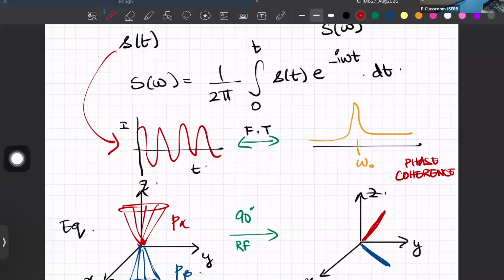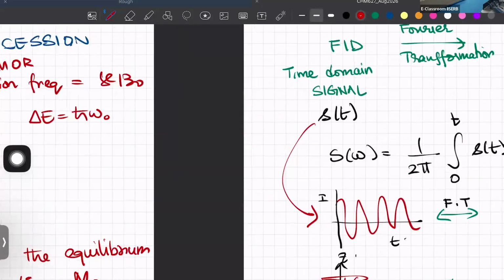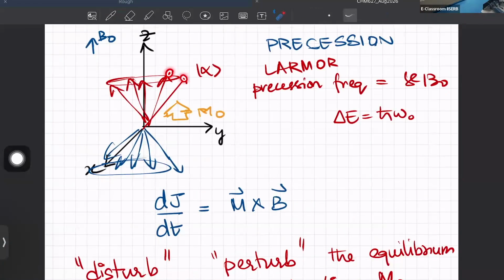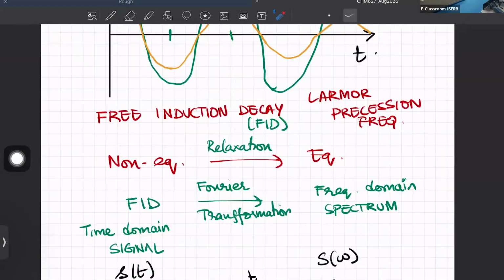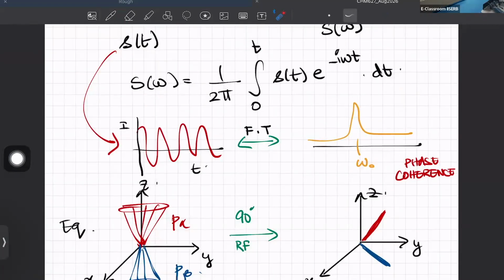You may remember I started off the class by saying that if there are two of them, since their Larmor precession frequency is the same, their relative orientation remains the same. So basically they have a phase difference with respect to each other. Therefore they are phase decohered in the equilibrium condition. On the other hand, after you apply a pulse, the phase bunching happens, which is called phase coherence, generated for the alpha state and the beta state.